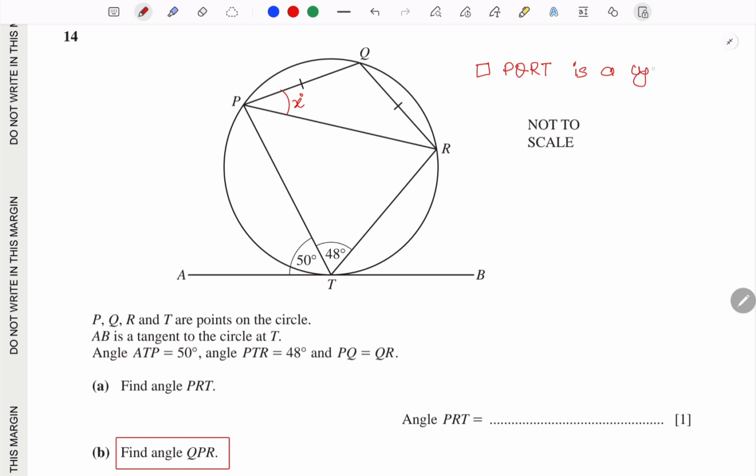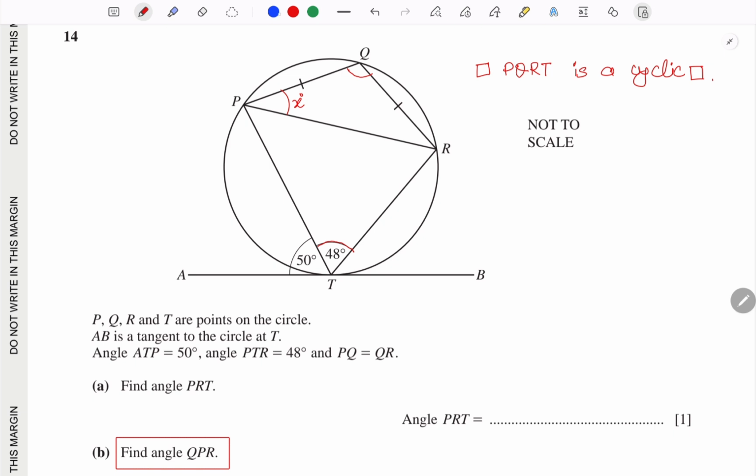From the property of cyclic quadrilaterals, we know that the angles facing opposite to each other when added will give 180 degrees.